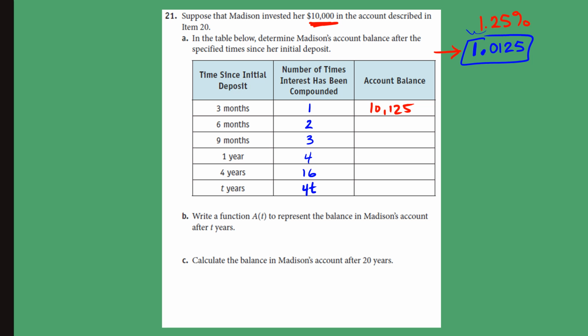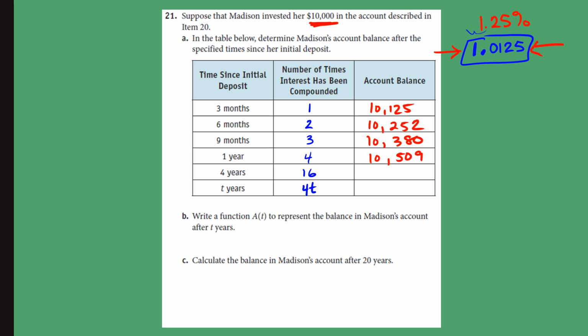So the next compounding would give us 10,252. And the next one would give us 10,380. And the next one would give us 10,509.